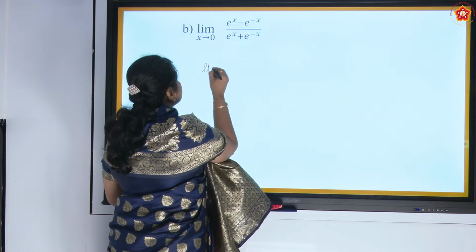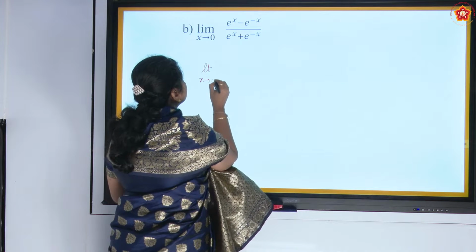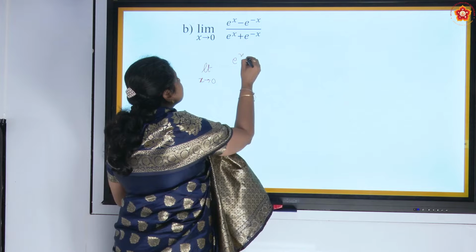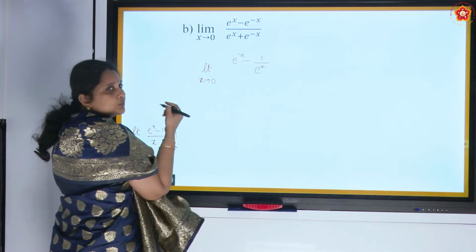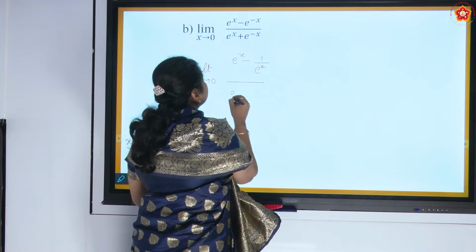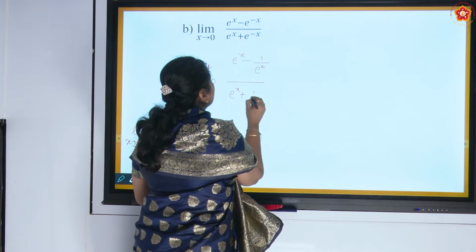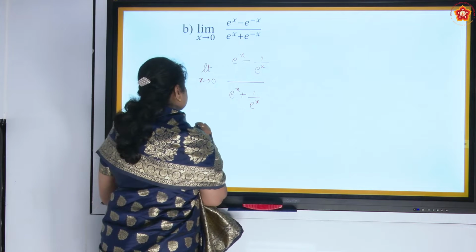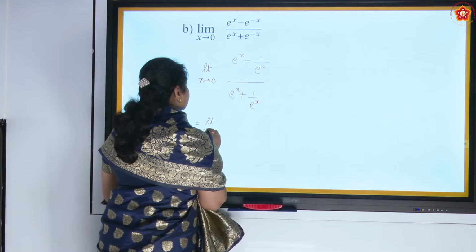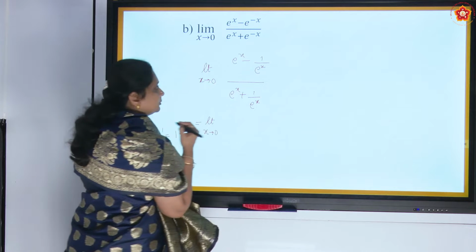So, this is limit x tending to 0, e power x minus 1 by e power x, right? E power minus x is 1 by e power x. So, now let me simplify this further. I can take LCM on the numerator.